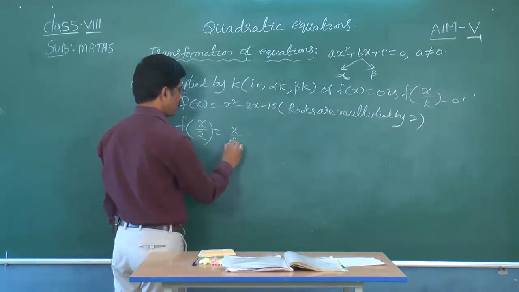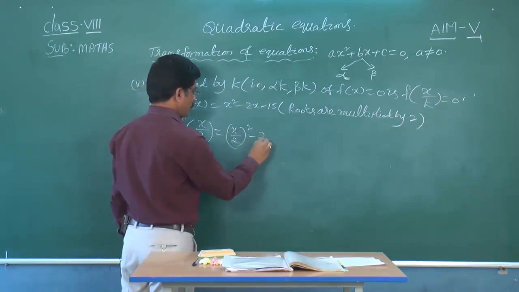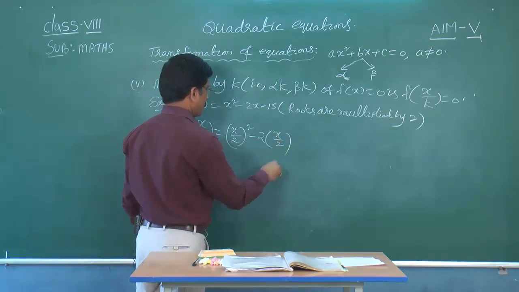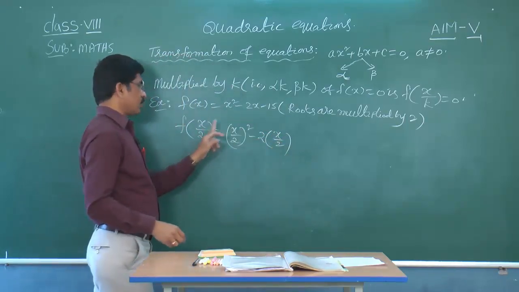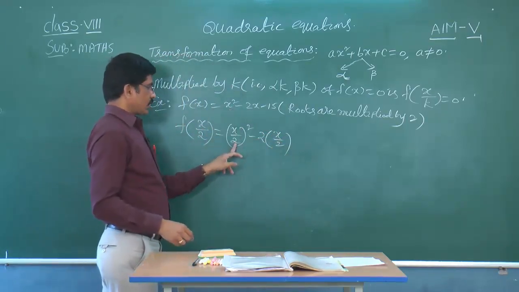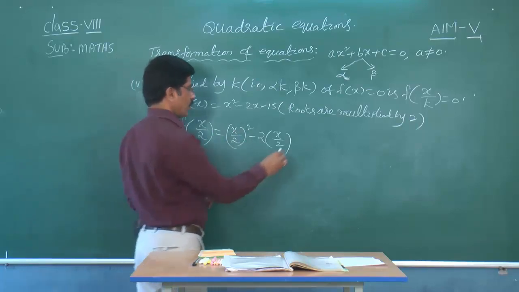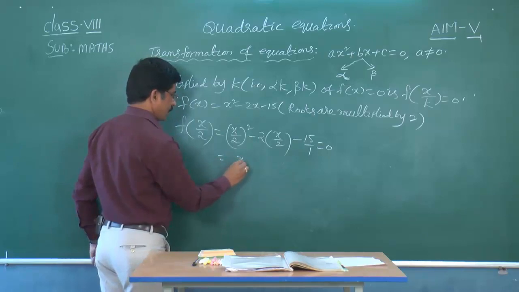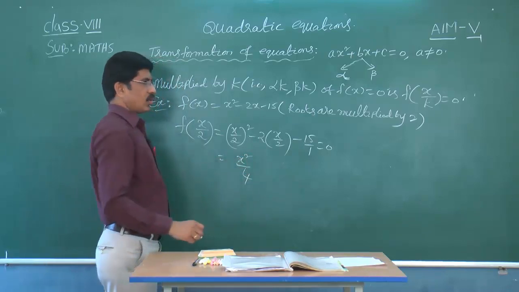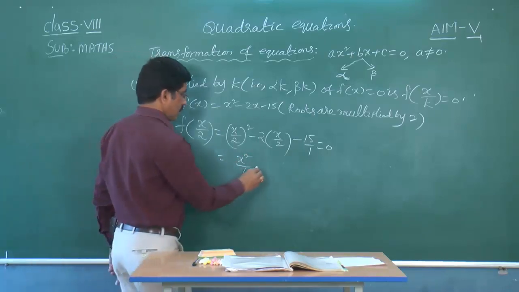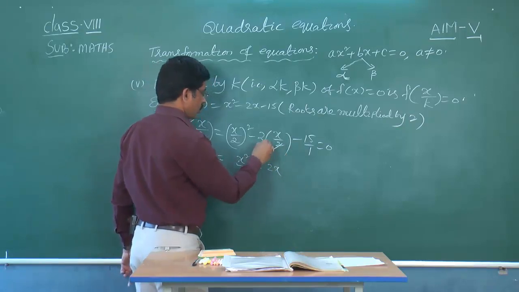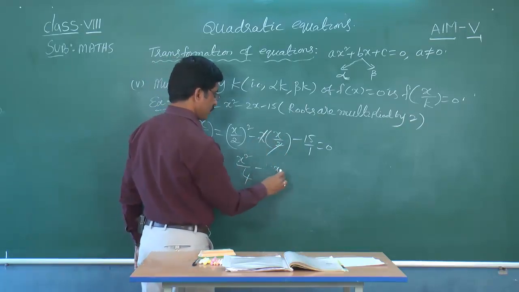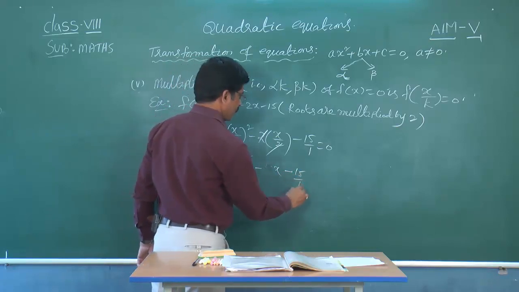Substitute x by 2 in place of x: x by 2 whole square, minus 2 into x by 2, minus 15 by 1 is equal to 0. x by 2 whole square is x square by 4, minus 2x by 2, the 2s cancel, x, minus 15 by 1.